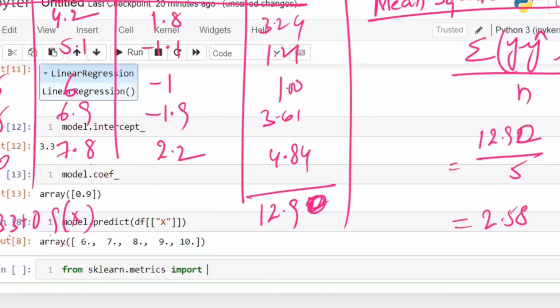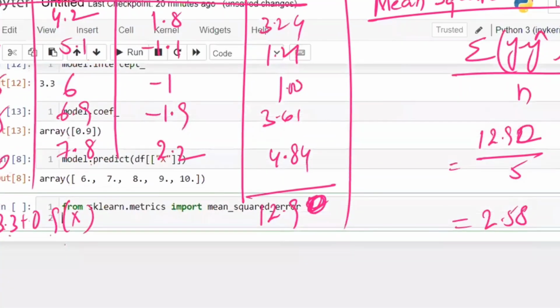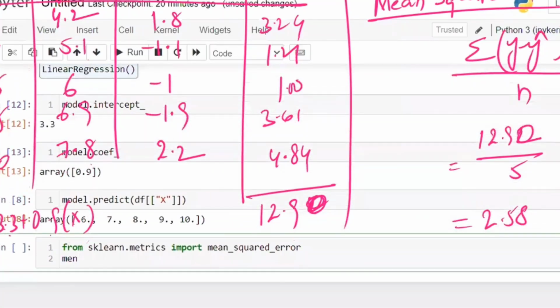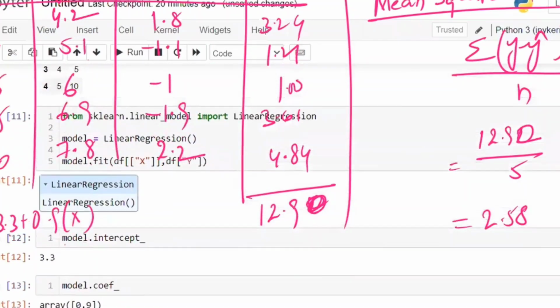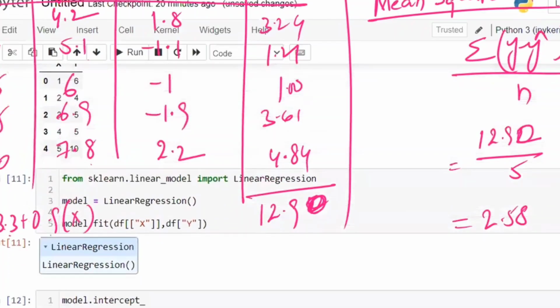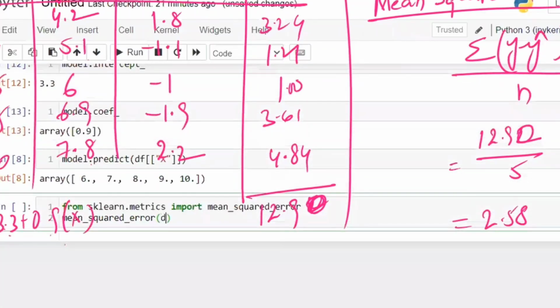There is an option called mean squared error. Inside this, you have to give the original y and the predicted y. What is the original y? df of y is the original y.